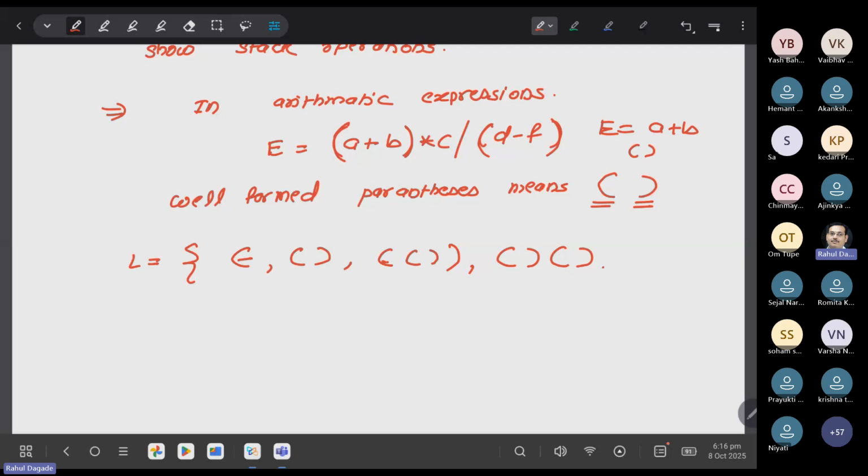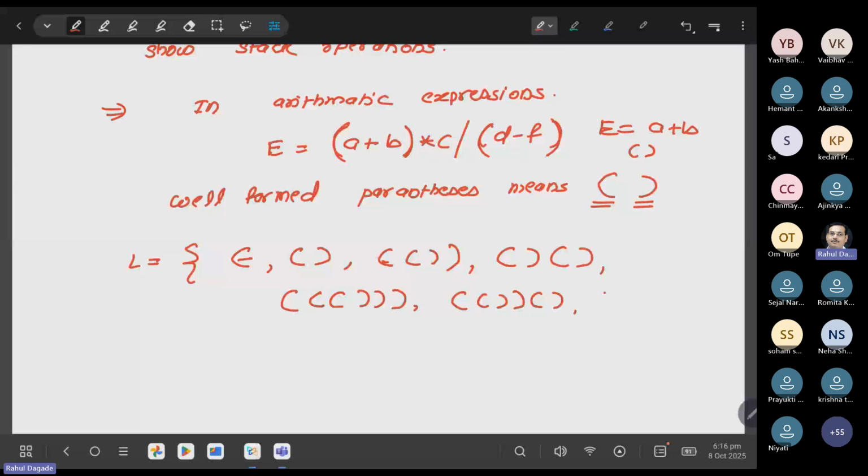So this will be the language: 1, 2, 3, 1, 2, 3. This is well-formed. This is two opening, two closing with one opening, one closing. This is also valid. Now, this with this is also valid. So these are the things that are valid parentheses, and this is a part of the language.